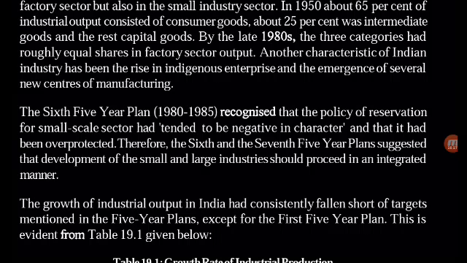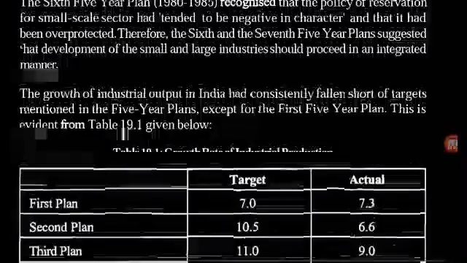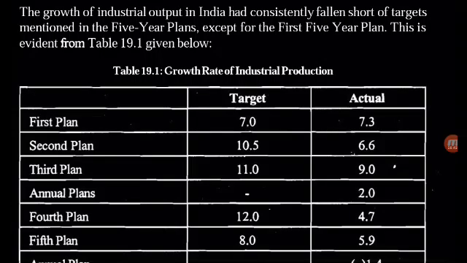Therefore, the sixth and seventh five-year plans suggested that development of the small and large industries should proceed in an integrated manner. The growth of industrial output in India has consistently fallen short of targets mentioned in the five-year plans, except for the first five-year plan. This is evident from table 19.1 given below.